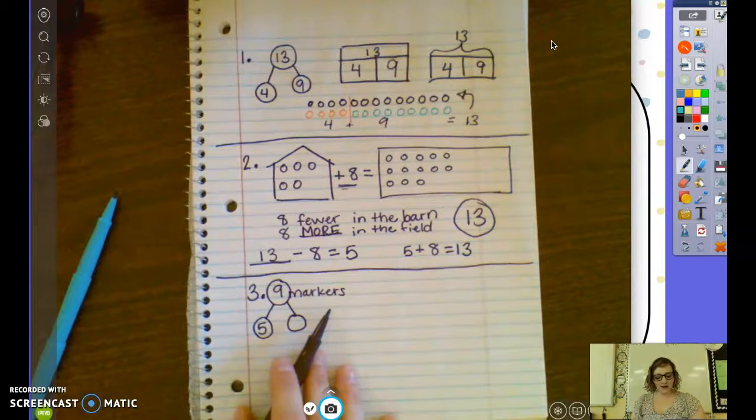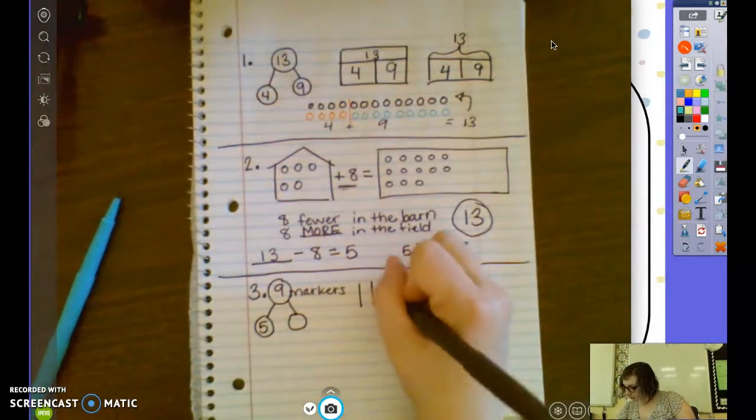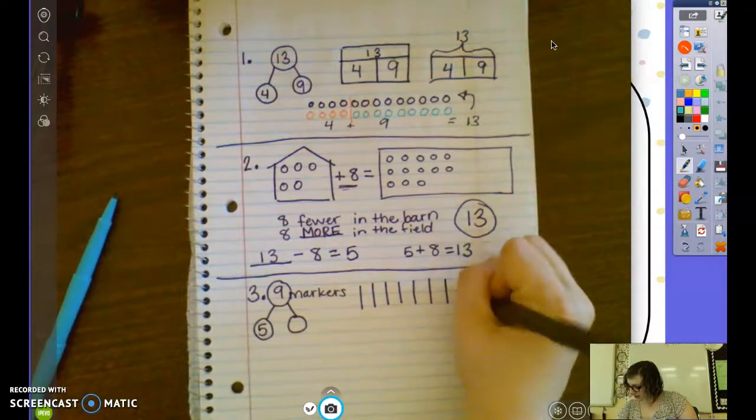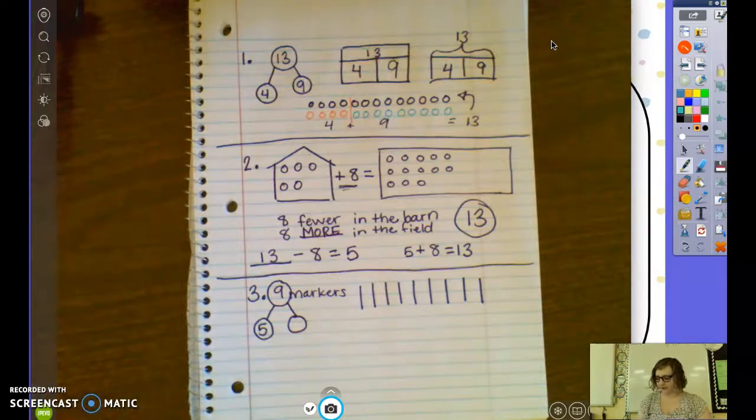So again, I know that he has 9 markers. 1, 2, 3, 4, 5, 6, 7, 8, 9. All right, now because he has 5 more markers than pencils, we can also say he has 5 less pencils than markers. Remember, it's another comparison problem.